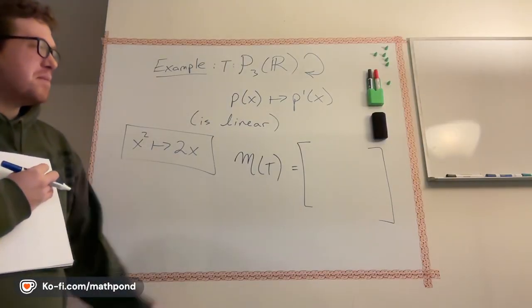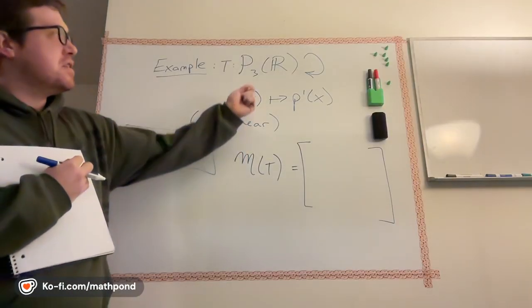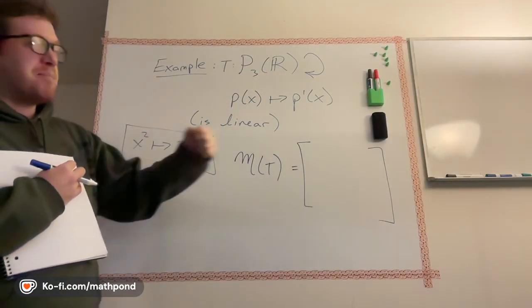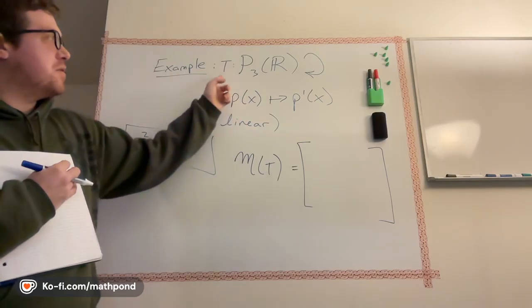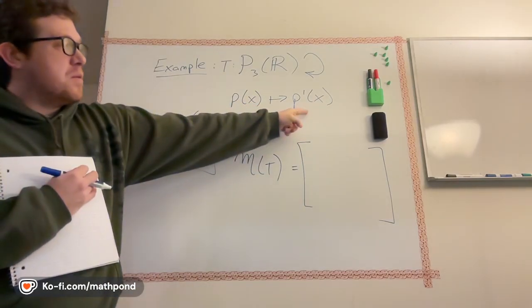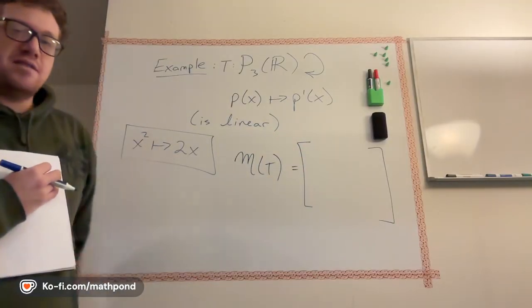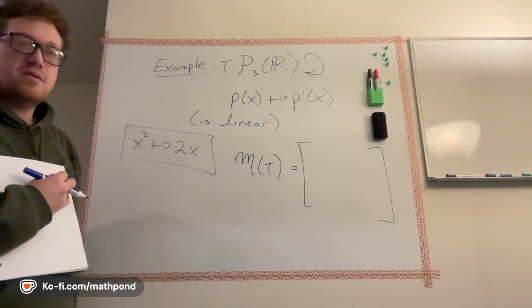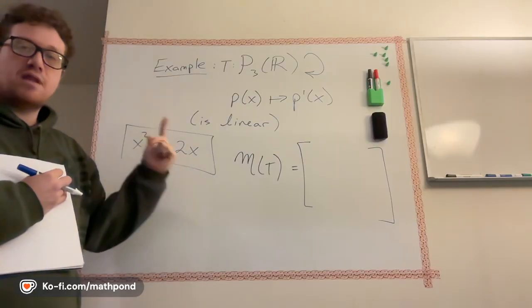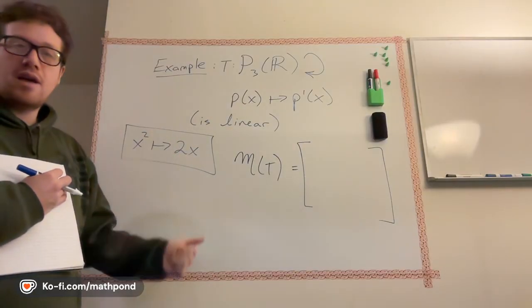We take the first vector in the list for our basis in the domain, apply the derivative, and then write that new polynomial in the coordinates of that same basis, as some linear combination of 1, x, x squared, and x cubed.